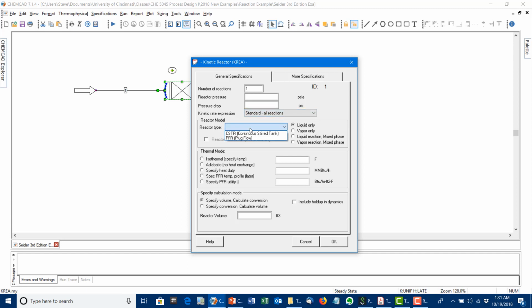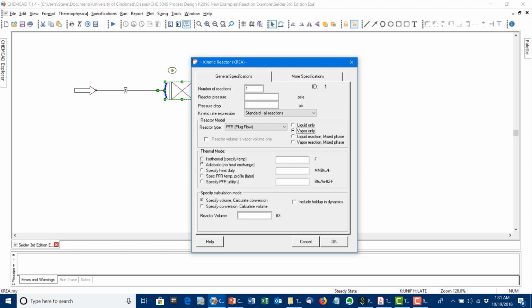We need to specify a reactor type. The problem said do a plug flow reactor. This is a vapor phase reaction, so I'll select vapor only. If I knew I had some liquid present, I would specify vapor reaction mixed phase so that CHEMCAD would look at the vapor liquid equilibrium. However, that mixed phase reaction still would only have reaction occurring in the vapor phase.